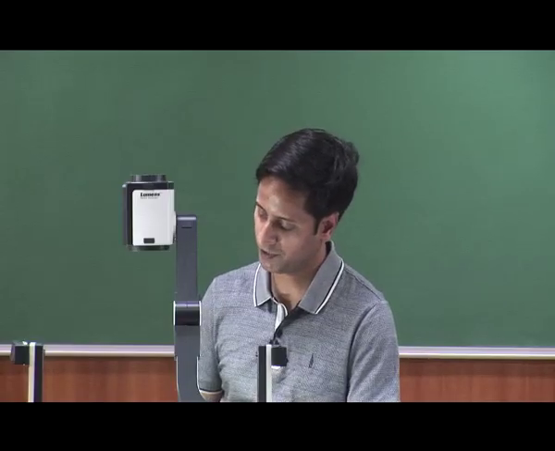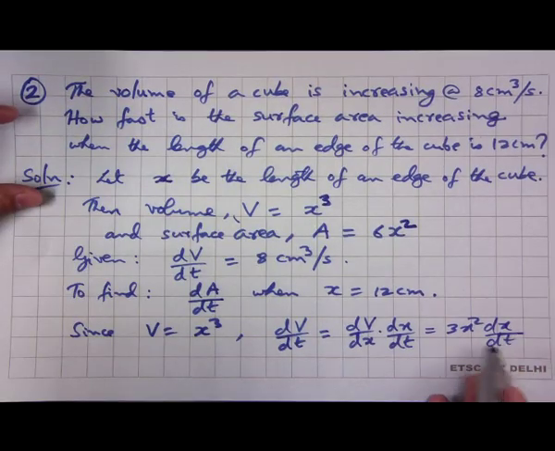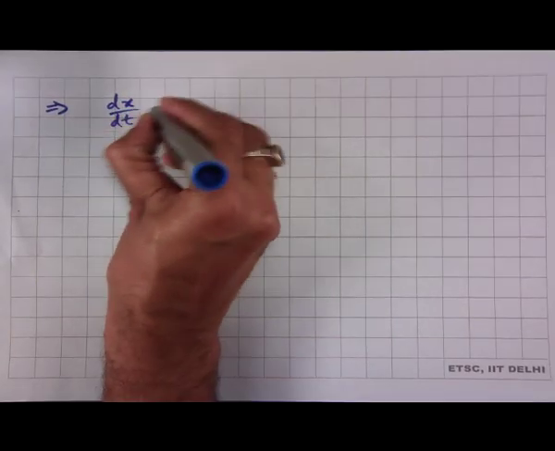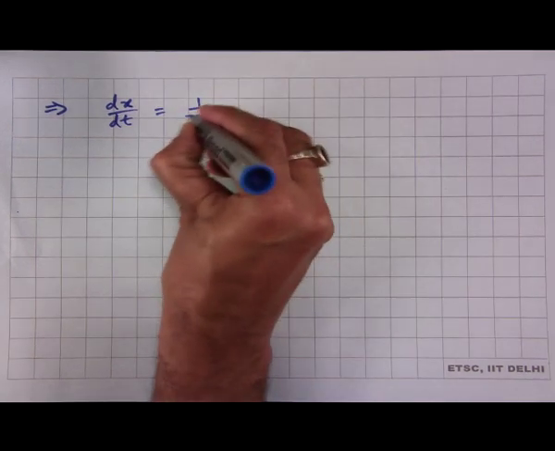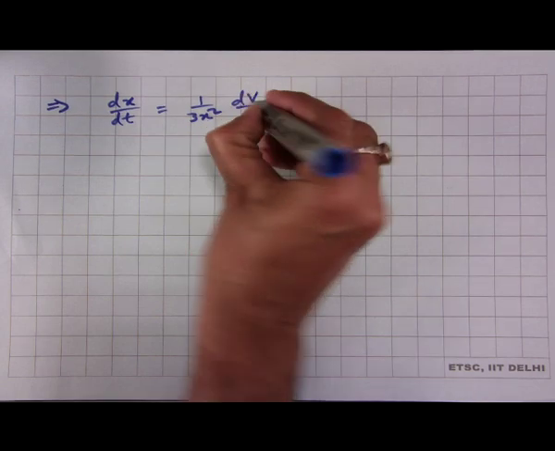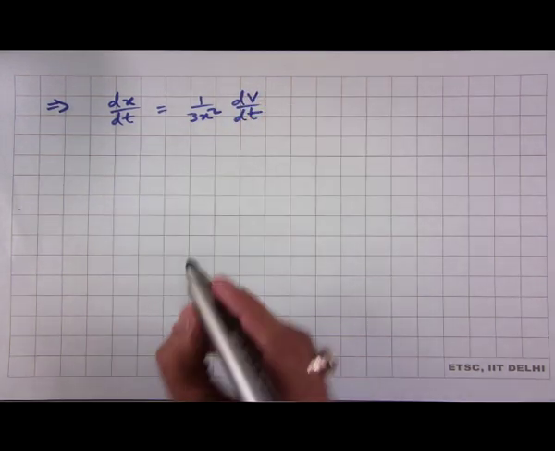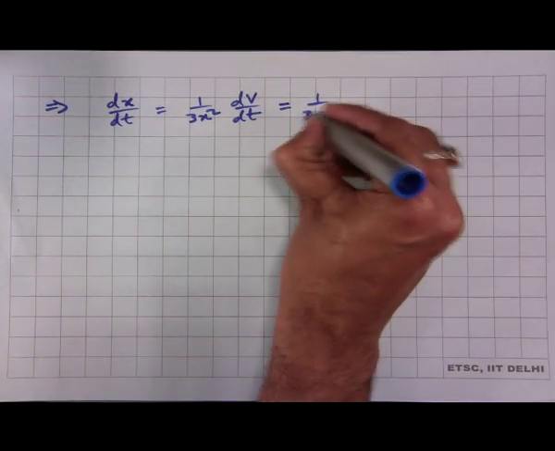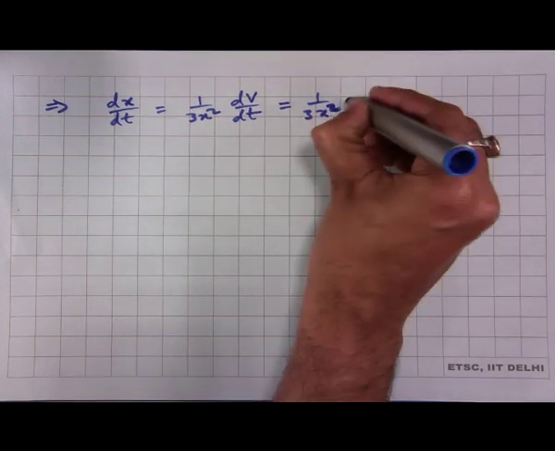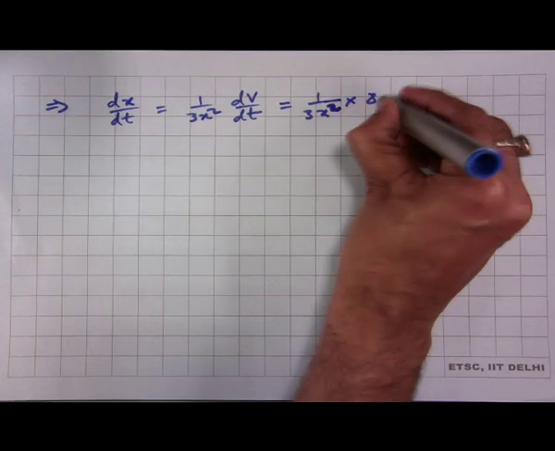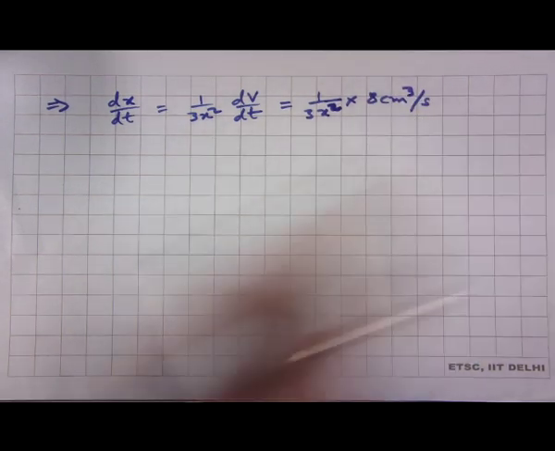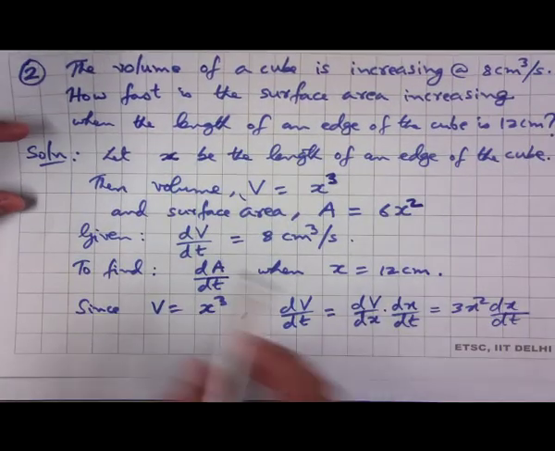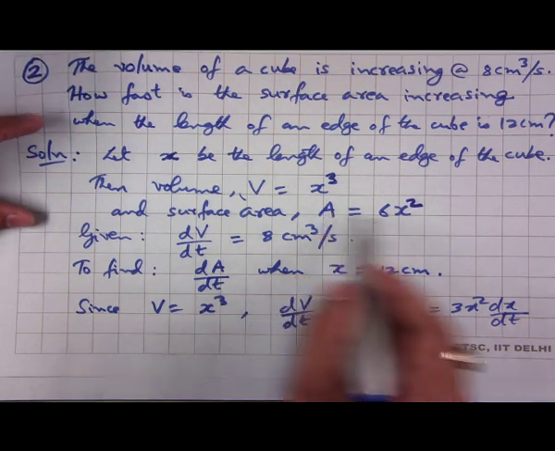Now, we are given dV/dt, so we can calculate dx/dt. This implies dx/dt is equal to 1 by 3x squared times dV/dt, and dV/dt is given to be 8 centimeter cube per second. So, this is 1 by 3x squared times 8 centimeter cube per second. So, now we know what is dx/dt, and we have surface area as a function of x.